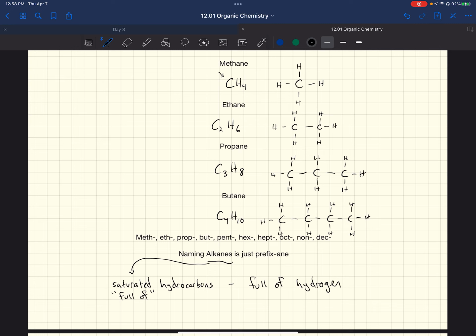And for alkanes, they have a general formula of some number of carbons, and then for the hydrogens, we take twice the number of carbons and then add 2. Okay? And this is really important because you need to be able to easily identify what type of compound you're looking at from the formula.